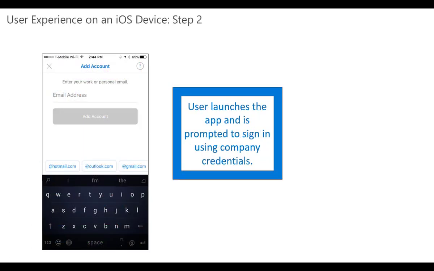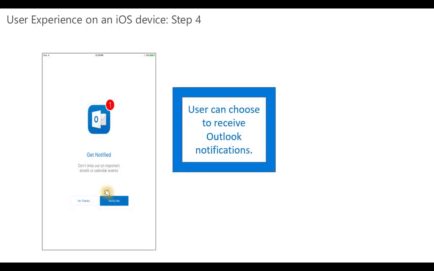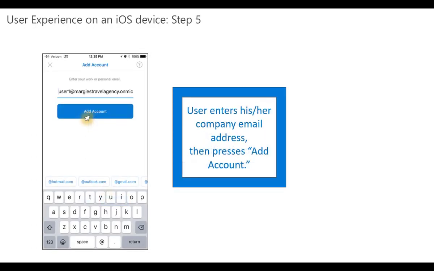Then when they add their corporate account, their Office 365 Azure AD account, they're going to be prompted to go through a bit of a sign-up process. In the case of Outlook on iOS, it's going to ask us to get started. We need to determine whether we want to get notified, and enter the corporate email address that you've set up in Microsoft 365.